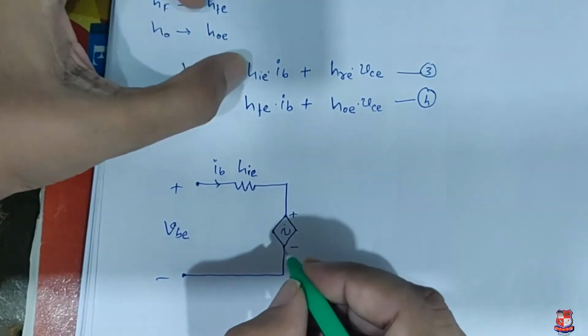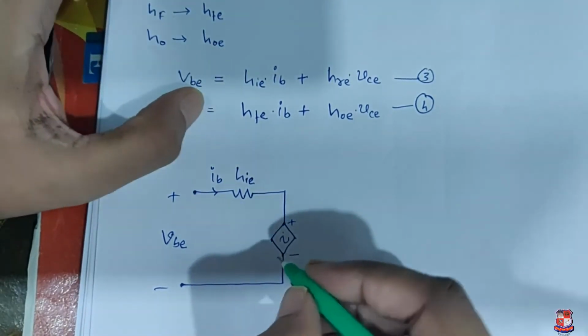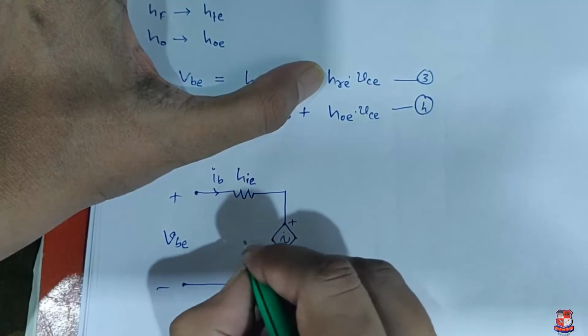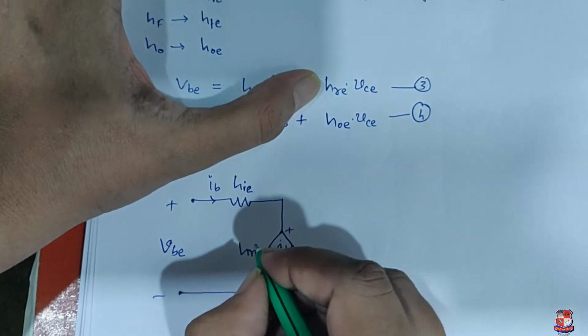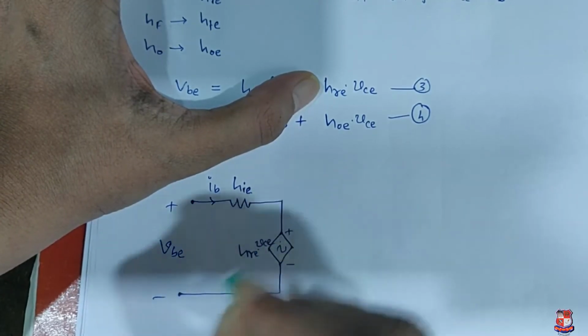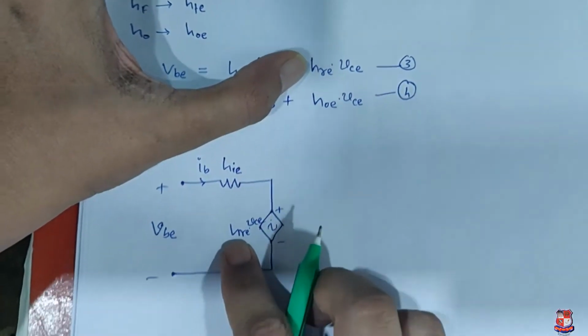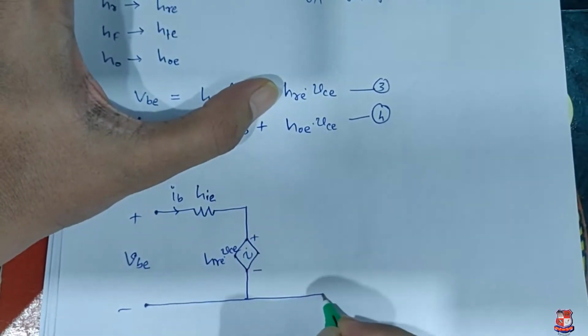The value of dependent voltage source will become HRE into V2. V2 is VCE. Okay, HRE into VCE.